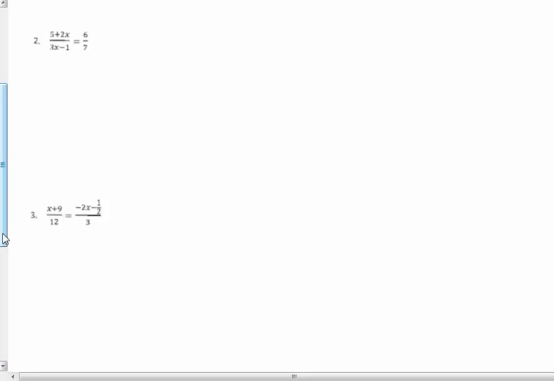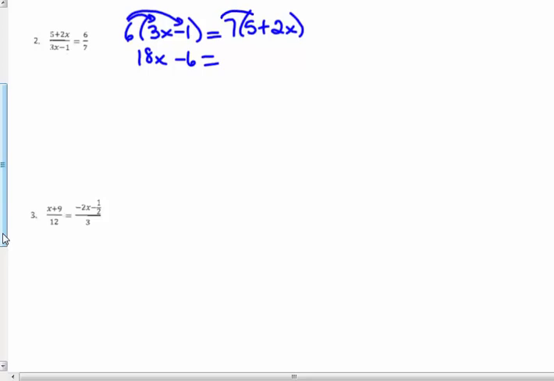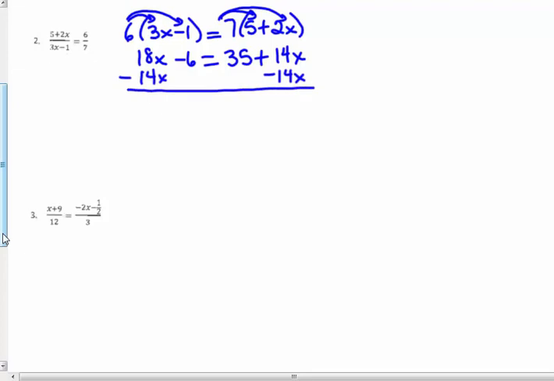Using my product of the means equals the product of the extremes, 6 times 3x minus 1, my cross products, has to equal 7 times the quantity 5 plus 2x. Distributing, I get 18x minus 6 equals 35 plus 14x. The smaller x is the 14x, so I'm going to subtract 14x from both sides, and I get 4x minus 6 equals 35.